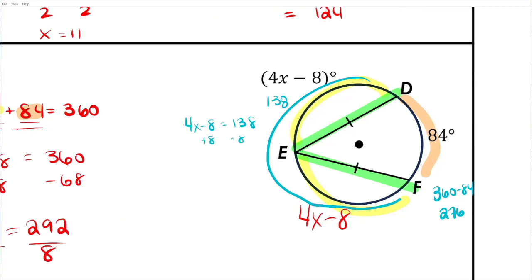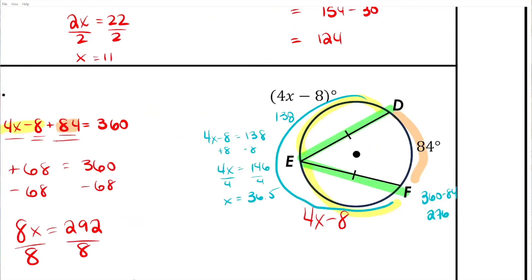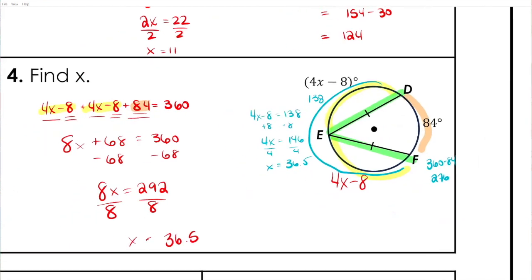Add 8 to both sides. 4x is 146. Divide by 4. Thankfully, this wasn't one of those worksheets where it didn't work out right. We got 36.5 again. So even if we did it either direction, we end up with the same answer. That's nice of them, huh?